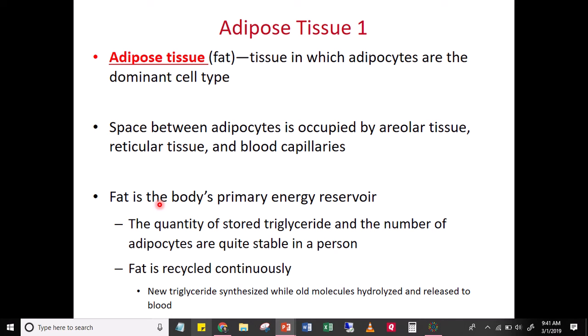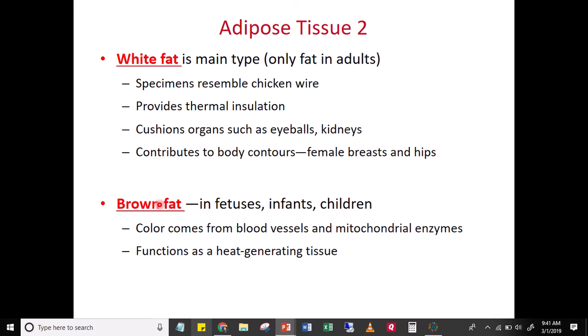Those triglycerides that are stored in our adipocytes are constantly being recycled, constantly degrading and being regenerated at the same time to help maintain homeostasis with our bloodstream. There's two broad categories of fat. I'd mentioned earlier in this presentation brown fat. Brown fat is present in unborn children, babies, and young children.